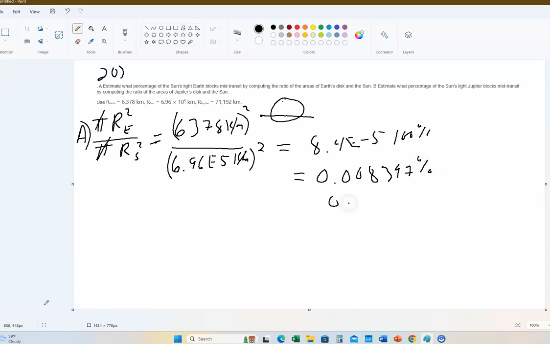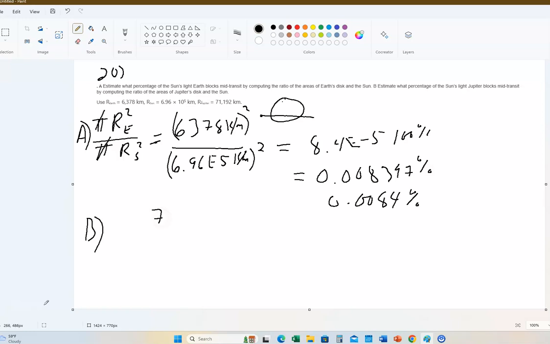So it's 0.0084%. Only 0.0084% of the sun's light is blocked. As we're going to see for Jupiter, which is much larger, it's going to be a lot more of the sun's light, comparatively.